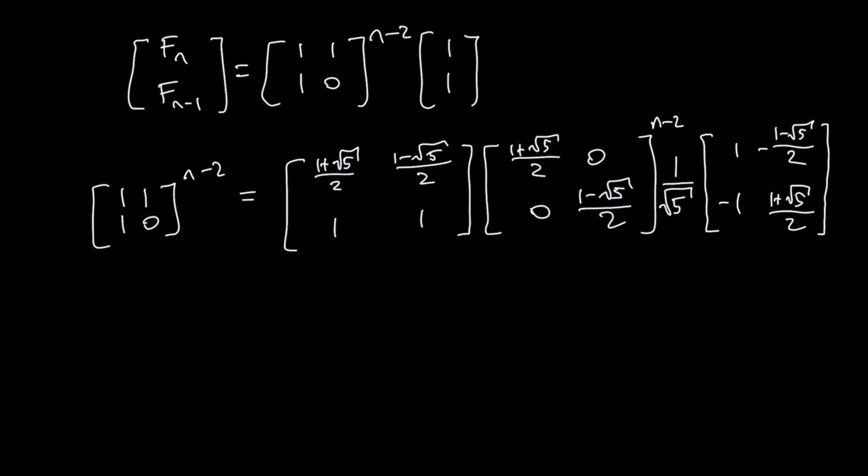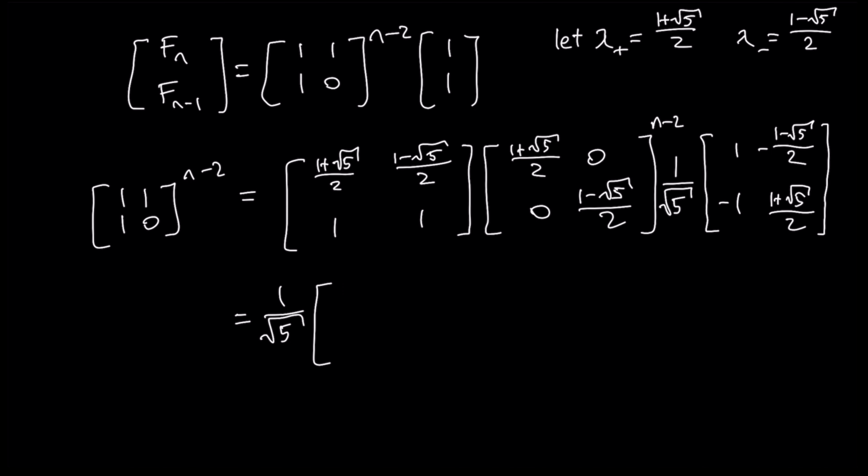Now I can rewrite this. Let's pull that 1 over square root 5 out the front. Then, for the sake of simplicity, let lambda plus equal (1 plus the square root of 5)/2 and lambda minus equal (1 minus the square root of 5)/2. This is just going to make my next line look a bit cleaner, because these numbers are popping up quite a lot.